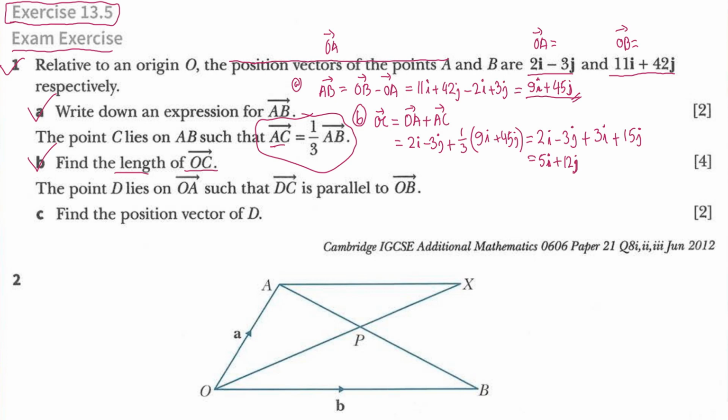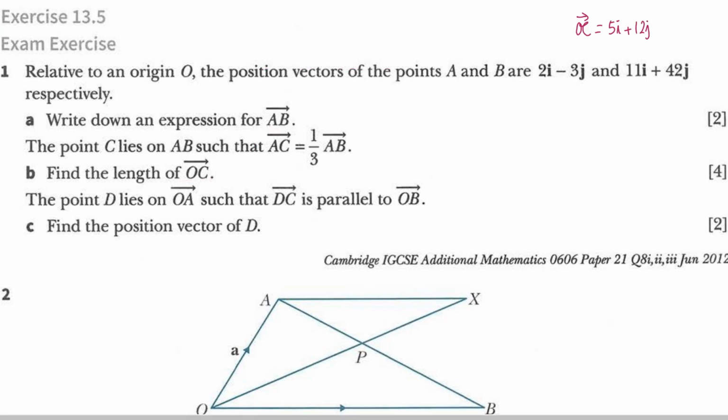This is the vector OC, but the question asks for the length of OC, which means we have to find the modulus of this vector. That is 5 squared plus 12 squared, which gives 169, and the modulus of 169 is 13. This is the length of OC.